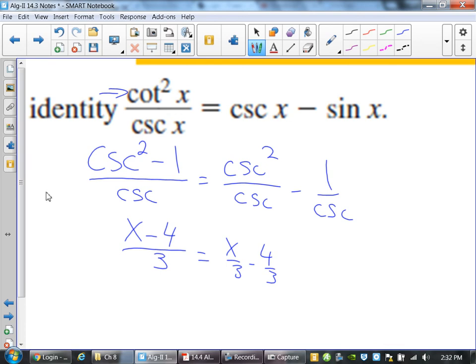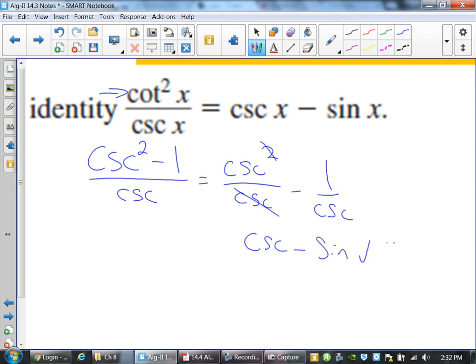So now look, you have cosecant squared over cosecant. What do you get? Cosecant. And what's 1 over cosecant?